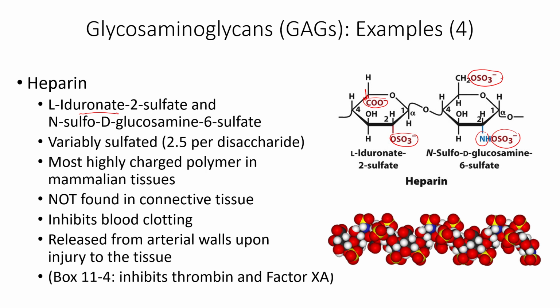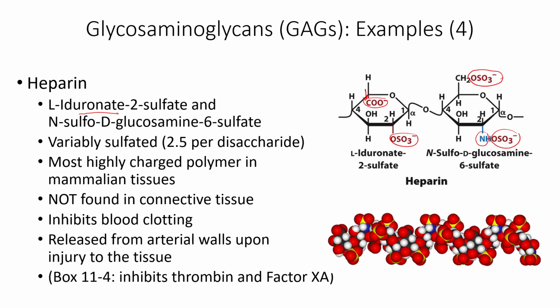And so altogether, you can see that there are a whole bunch of different positions where you might see sulfate groups. There are 3 different potential sulfates for every disaccharide unit, but heparin is variably sulfated. So on average, each disaccharide pair of sugars has 2.5 sulfates. So maybe half have 3, half have 2, maybe a few have 1, that kind of thing.